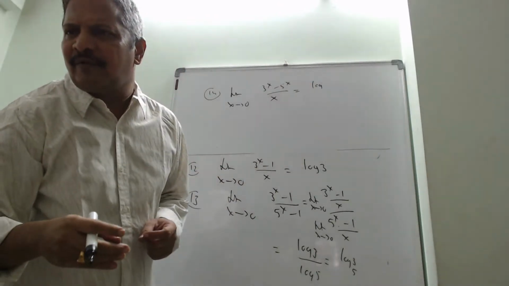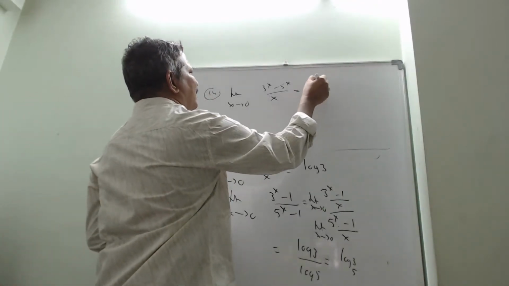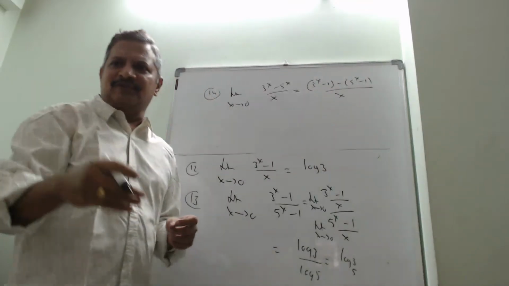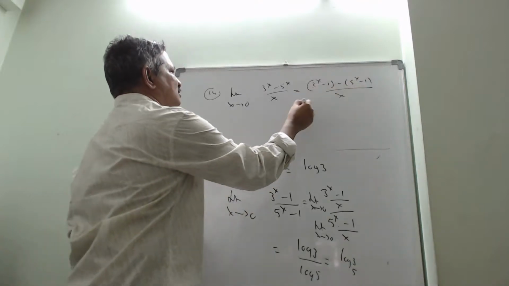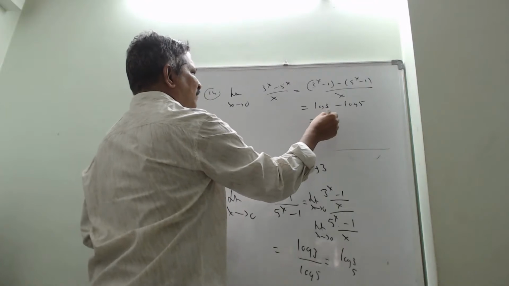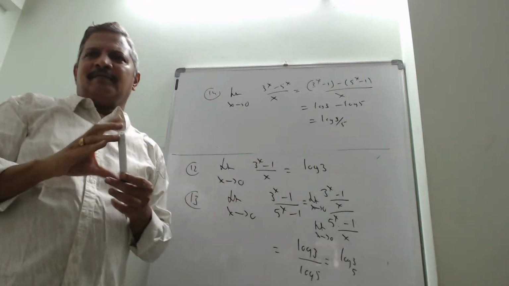It is log 3 base 5, they told. It is (3 power x minus 1) minus (5 power x minus 1), so minus 1 plus 1, and this is separate. So log 3 minus log 5, it is log 3 by 5. Your answer is correct, he told. Log a by log b.